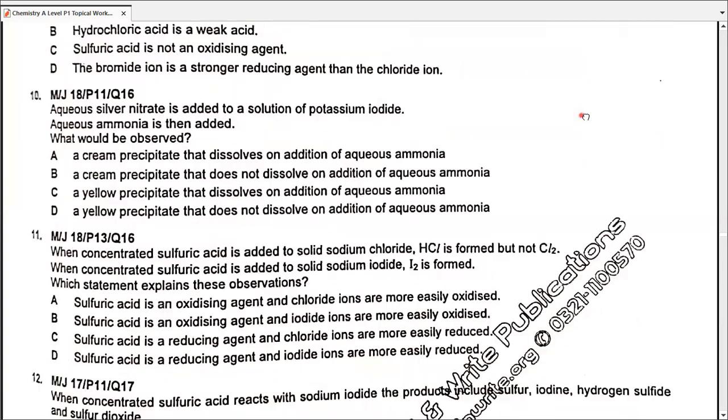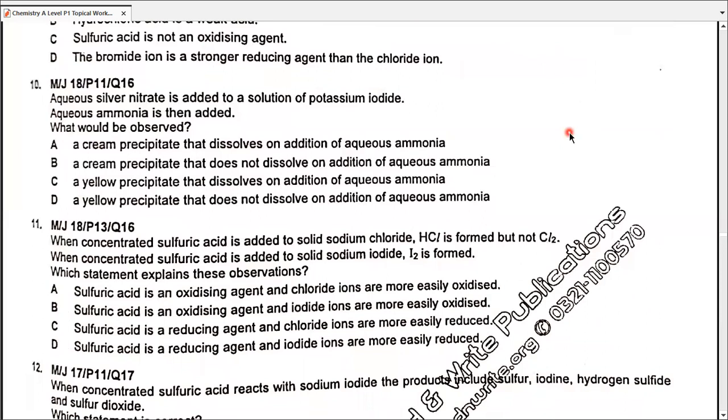Okay, so 10. Aqueous silver nitrate is added to a solution of potassium iodide. Aqueous ammonia is then added. What would be observed?